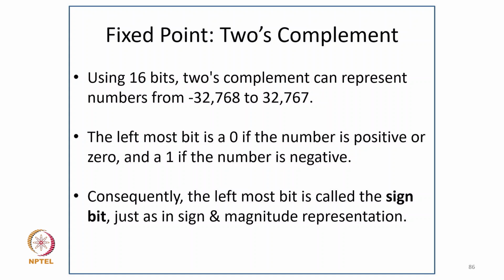The leftmost bit is a 0 if the number is positive, or a 1 if the number is negative. Consequently, the leftmost bit is called the sign bit, just as in sign and magnitude representation.